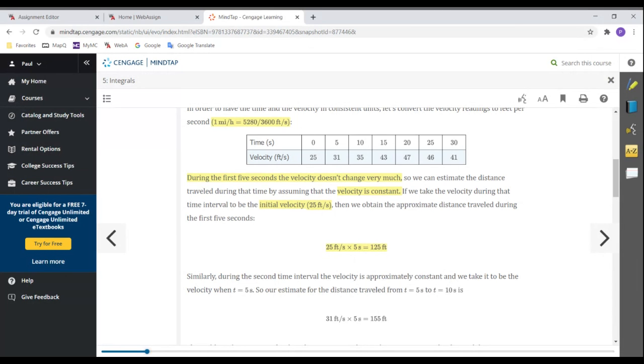At 5 seconds, the velocity reading is 31 feet per second. At 10 seconds, the velocity reading is 35 feet per second. During the second time interval, from 5 to 10 seconds, they assume the velocity is approximately constant, using the left endpoint, when t equals 5 seconds.